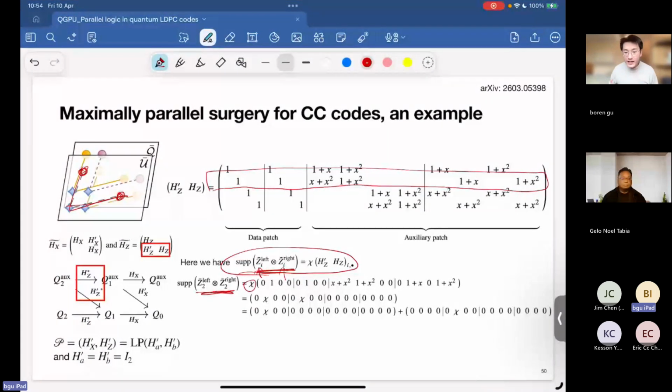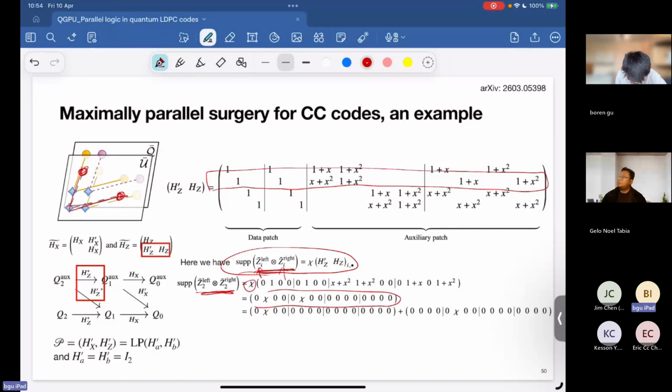From an algebraic point of view this is just multiplication, but on a physical level, after you take the binary representation of these ones, you get an identity matrix and you sum all the rows of this identity matrix, and you get a row full of ones. That corresponds to a logical operator.